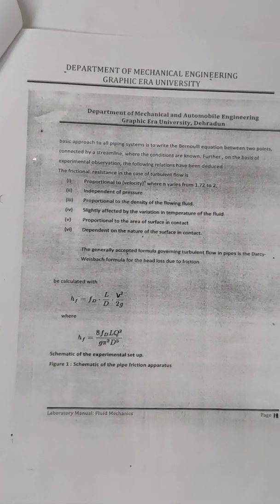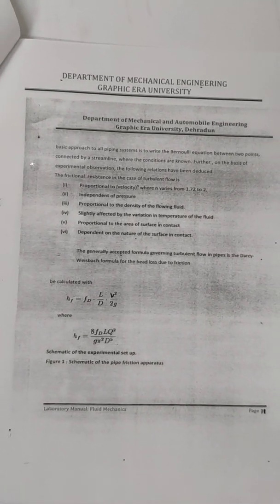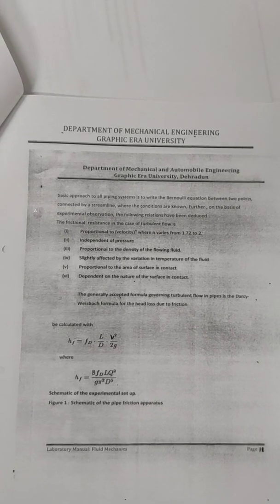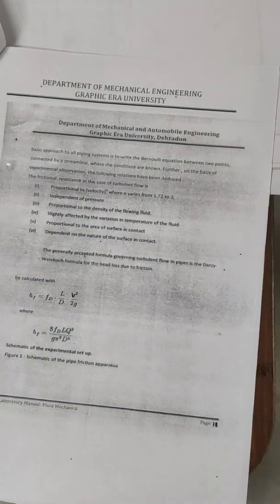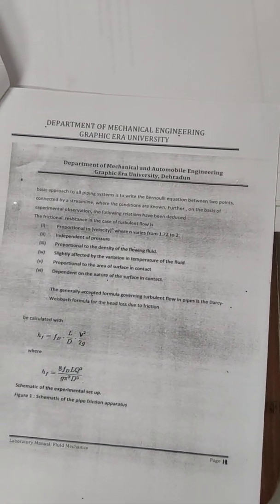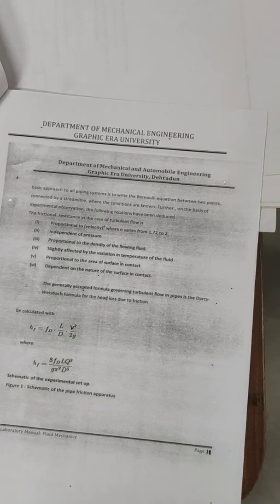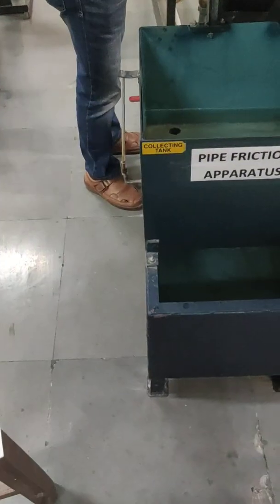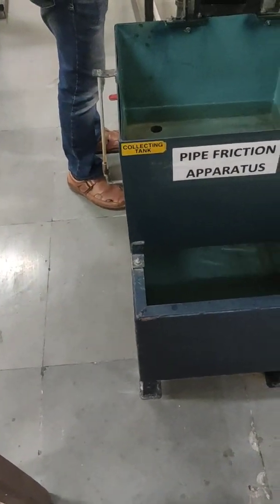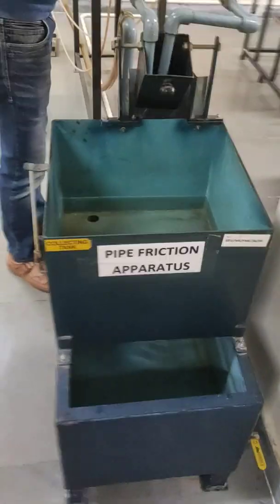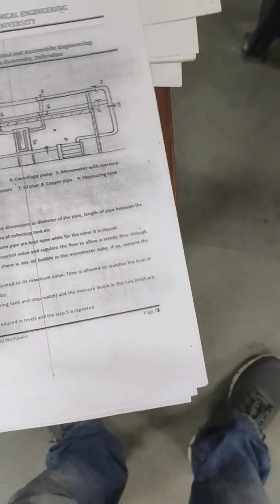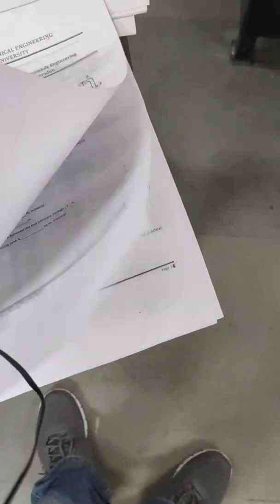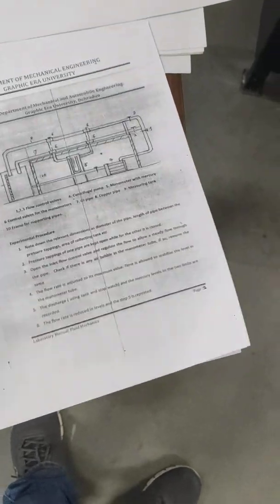V² we measure from the collecting tank concept, divided by 2gD, where D is the diameter of the pipe, which is also given. The collecting tank area is the same as in the orifice meter, 40 × 40 centimeter, multiplied by the height, which gives the actual discharge. So this is experiment number 3 and 4.